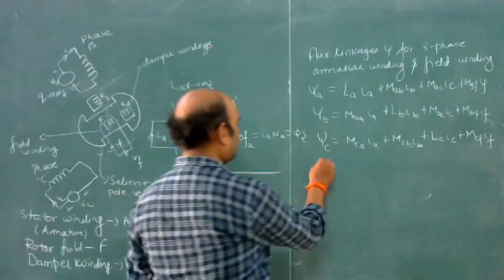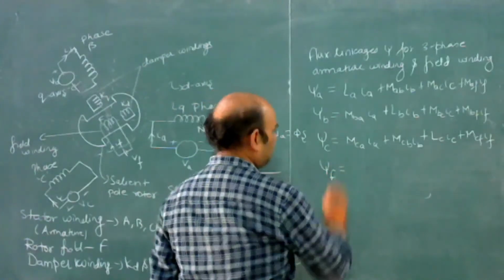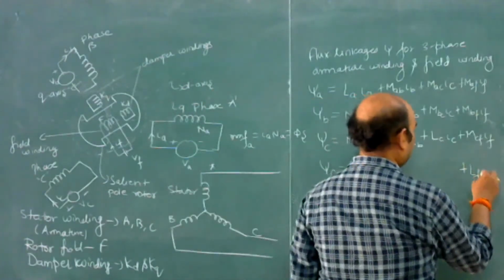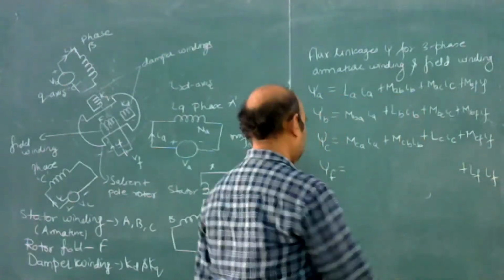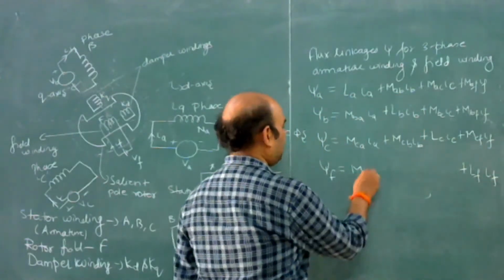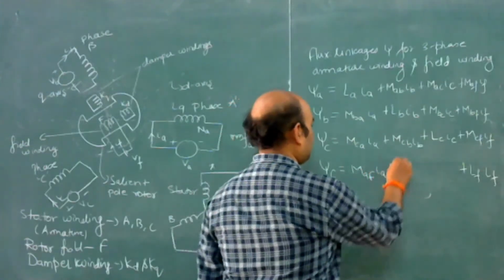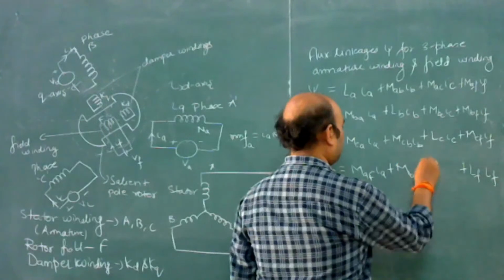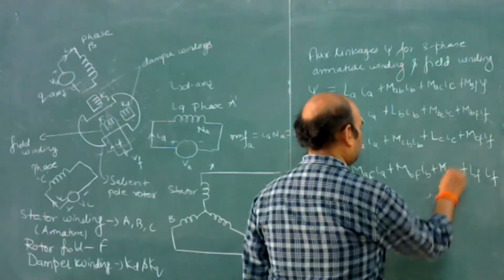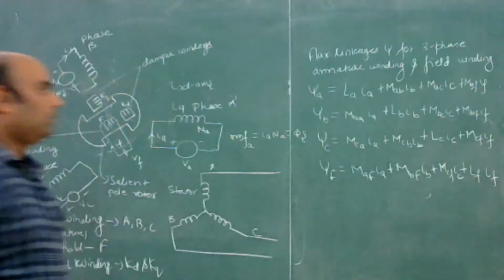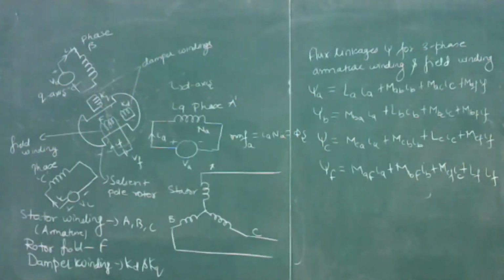So for the field winding, this will be phi F equals LF into IF, plus MAF IA, MBF into IB, plus MCF into IC. Okay, so this is the flux linkage in the three-phase winding and that of the field winding, in terms of self and mutual inductance.